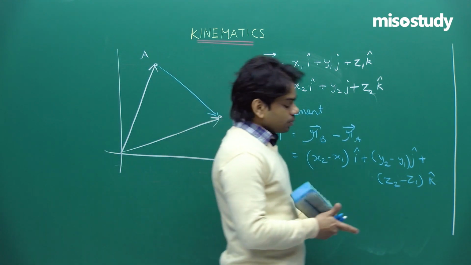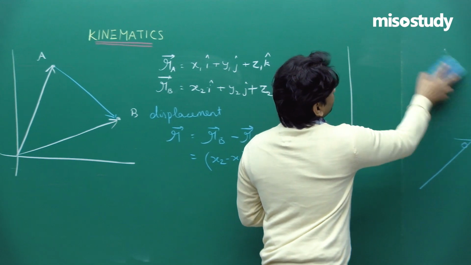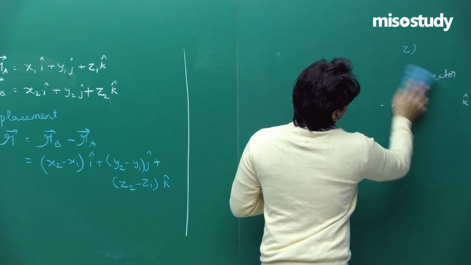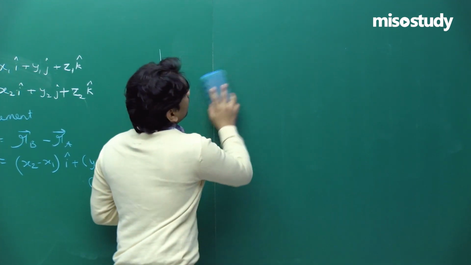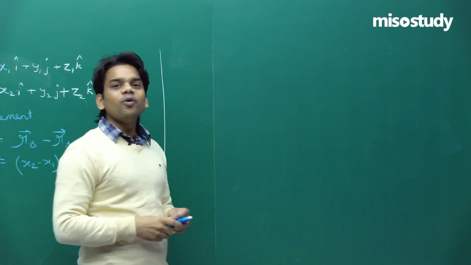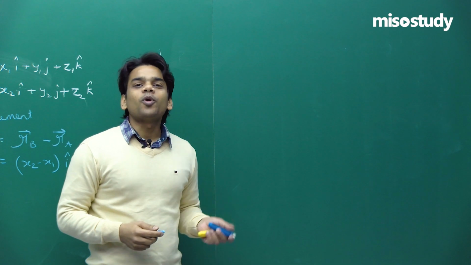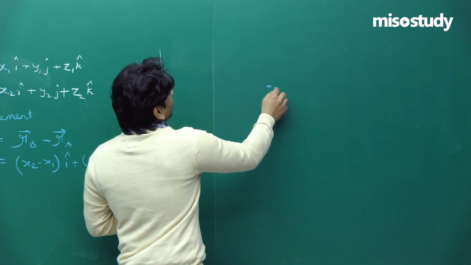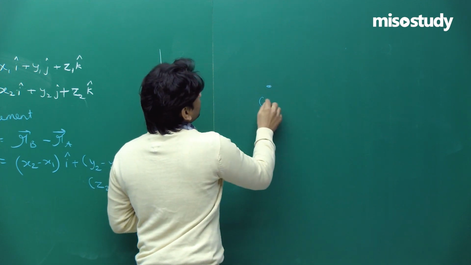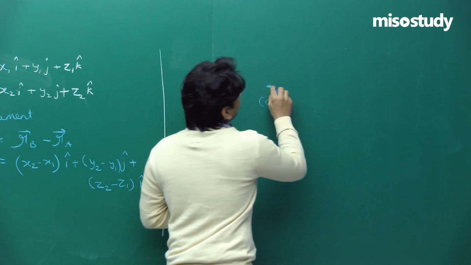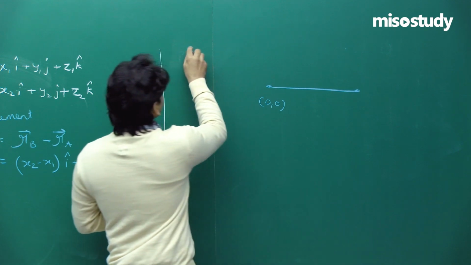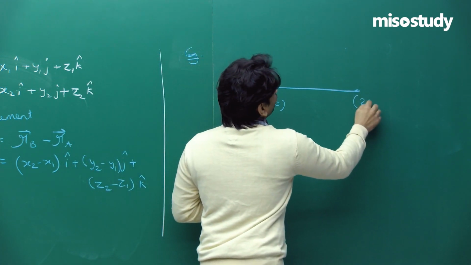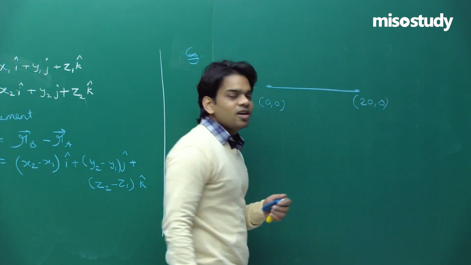Now let's come to an example based on distance and displacement. Let us say in space a particle starts from the origin and moves to a point 20, 0. This is a straight line path along which the particle is moving. It starts from the origin and on a straight line moves to a point whose coordinates are 20, 0.